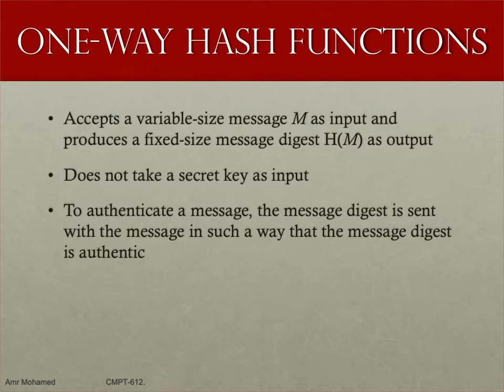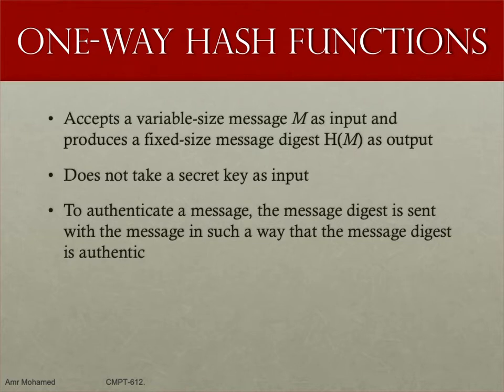The one way is to use hash functions. The problem with hash functions is that they are not key-based. They don't use keys. So hash functions can be used for generating digital signatures, but they cannot be used for authenticating a user. So why do we have to talk about it?